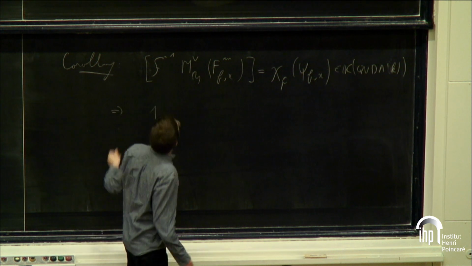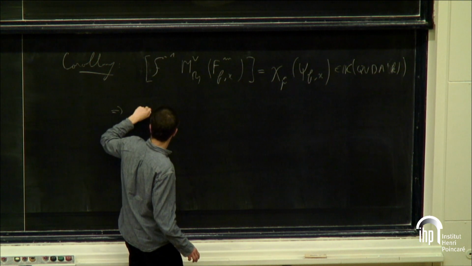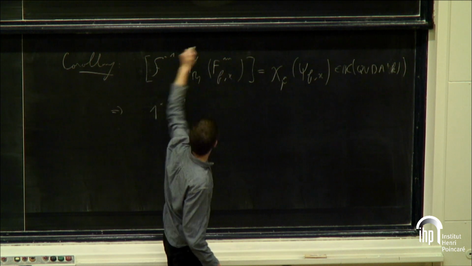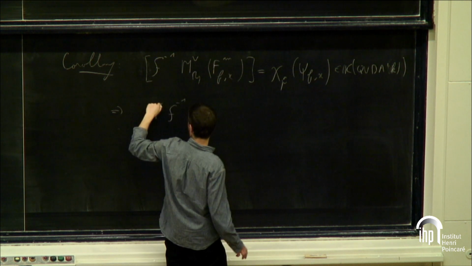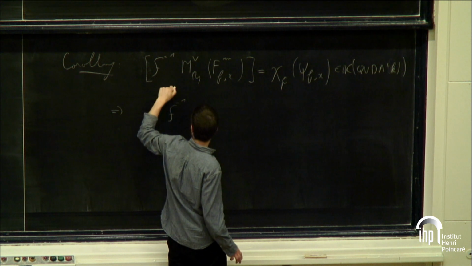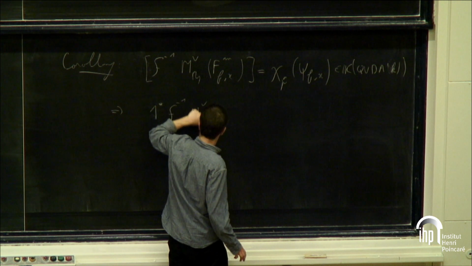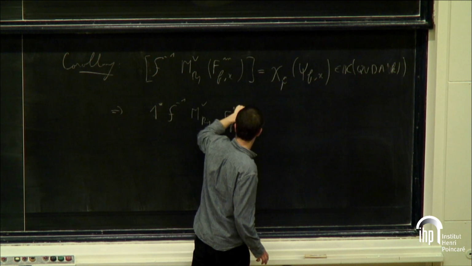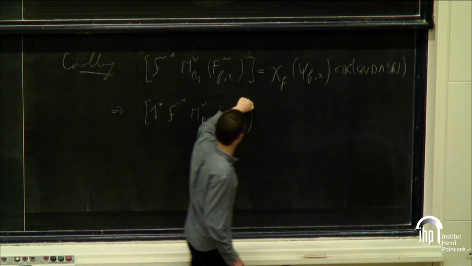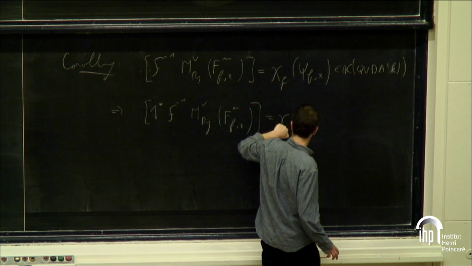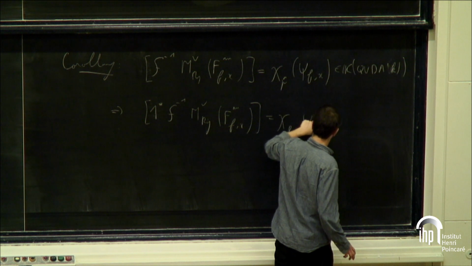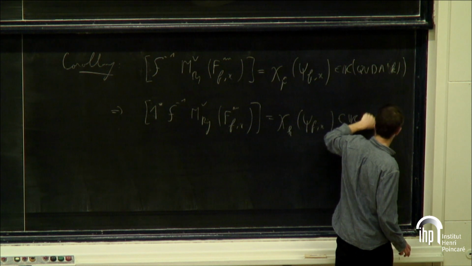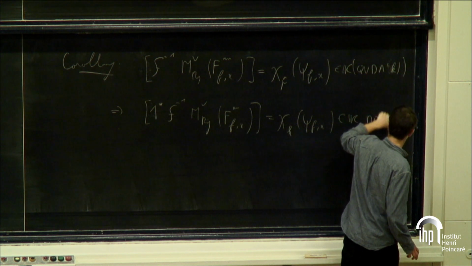I should put some name: the functor that forgets the action, from the quasi-unipotent motives to the motives without action, I denote by 1 star. But it's not so important. So I get the same thing but without action.